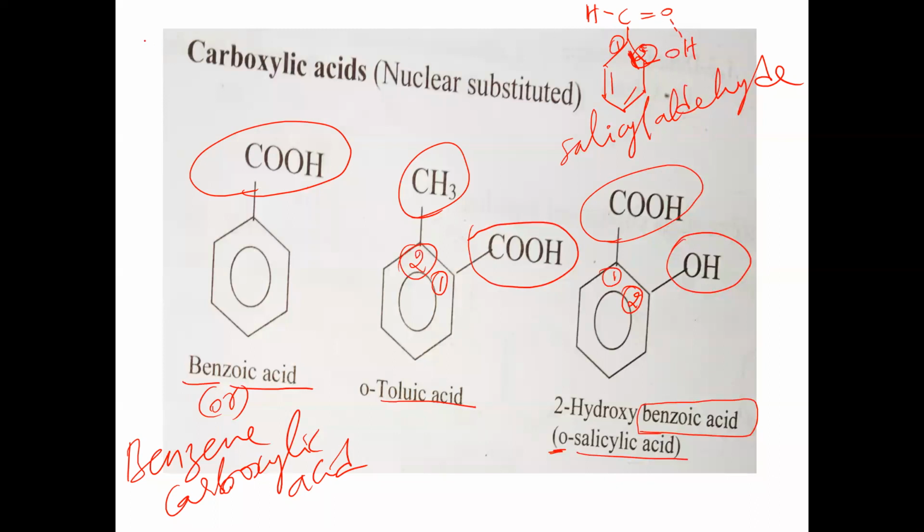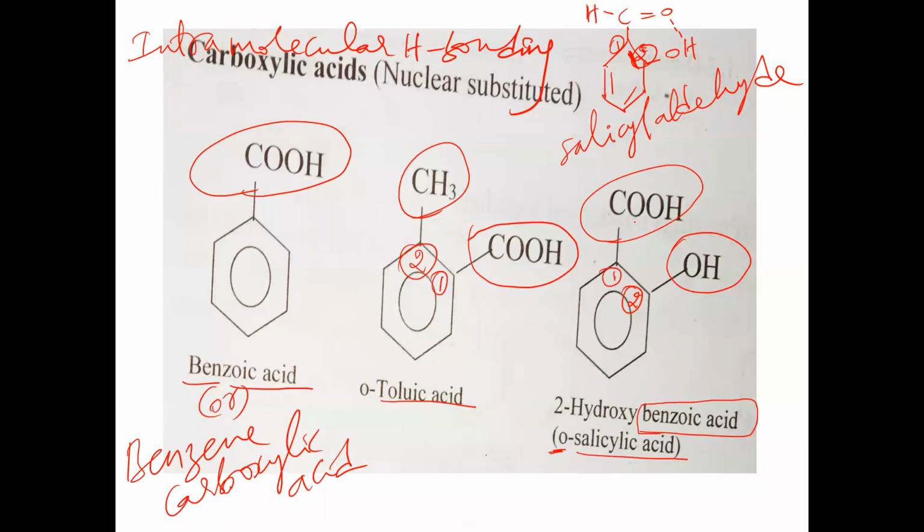What is it called? Intramolecular hydrogen bonding. In which molecules is this intramolecular hydrogen bonding seen? In the salicyl aldehyde molecule and also salicylic acid.